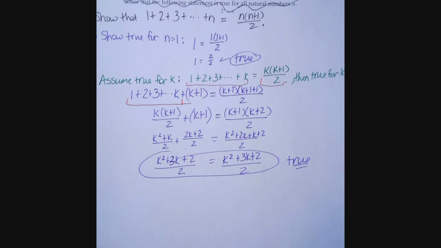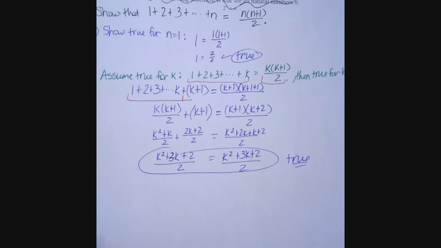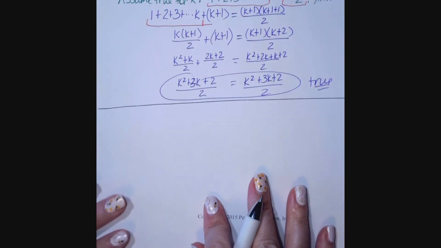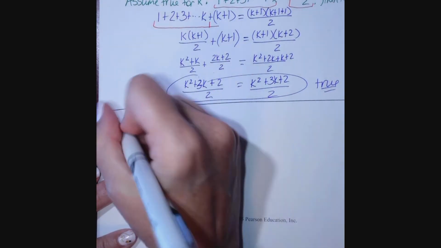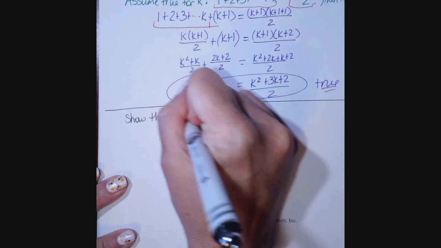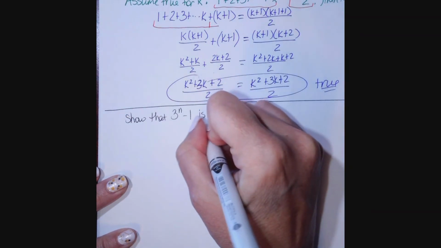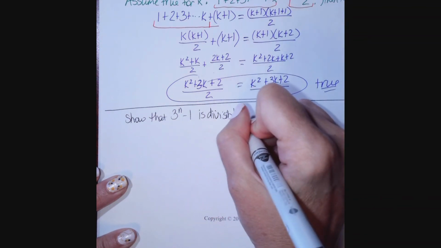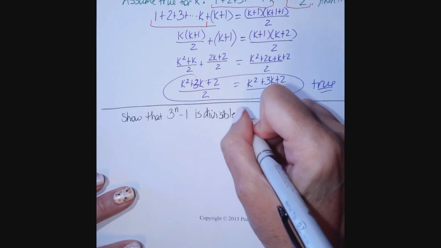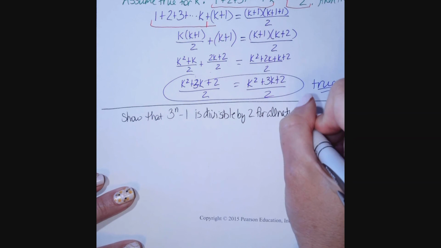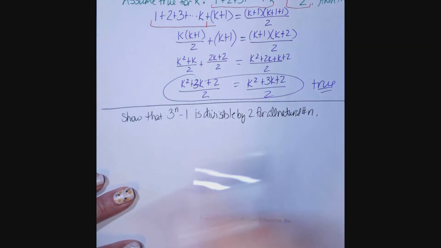Alright, we are going to look at one final example of induction. We are going to show that 3^n minus 1 is divisible by 2, sorry, I left out an n, by 2 for all natural numbers n.